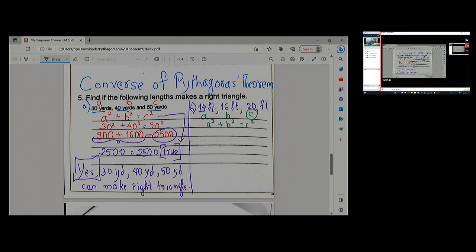We check them. A is 14. So we have 14 square. B is 16. So we get 16 square. C is 20. We get 20 square.